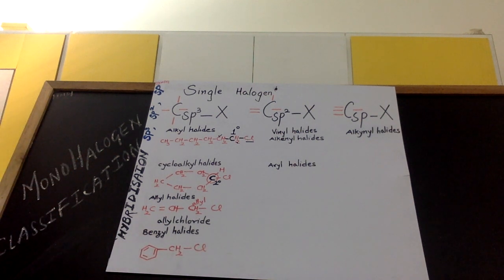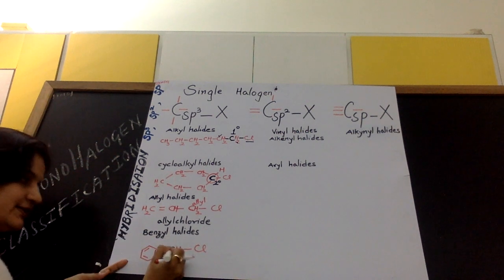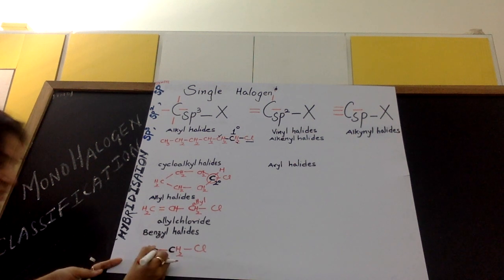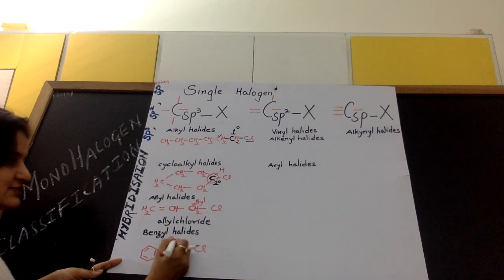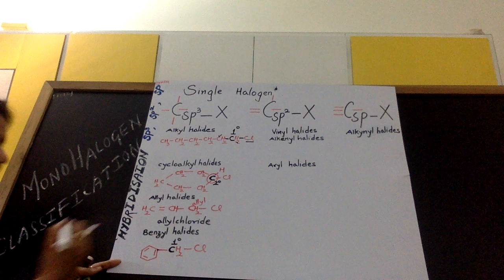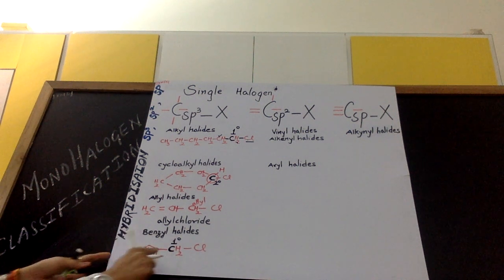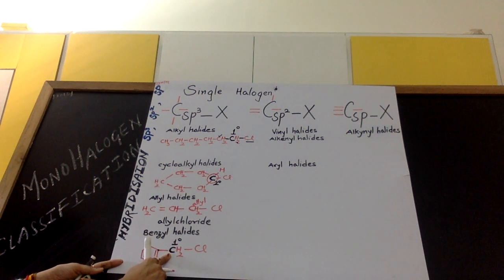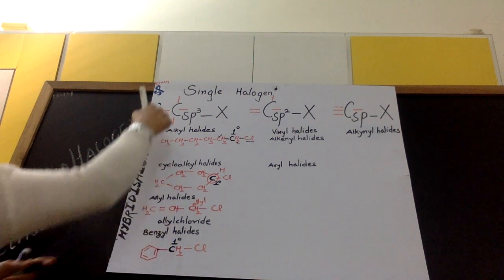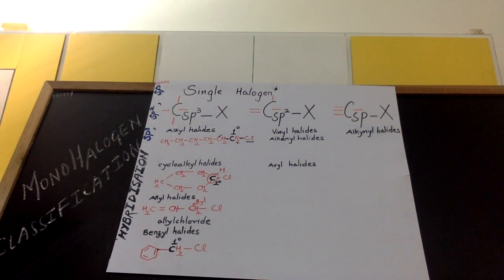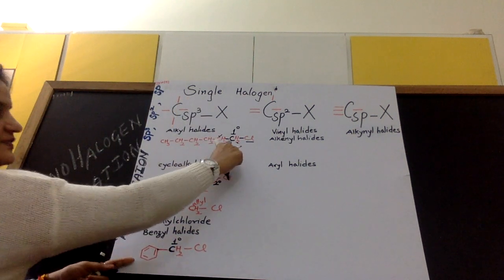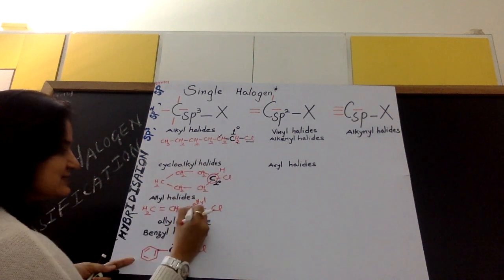Now halogen is on a carbon which is attached to one other carbon. So this is also primary. But the carbon is sp3 hybridized. So benzyl halides are CsP3X type. If you look carefully, this is a primary carbon, this is a secondary carbon, this is also primary.